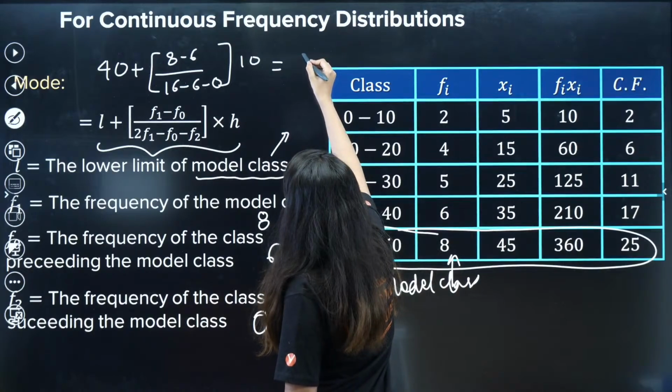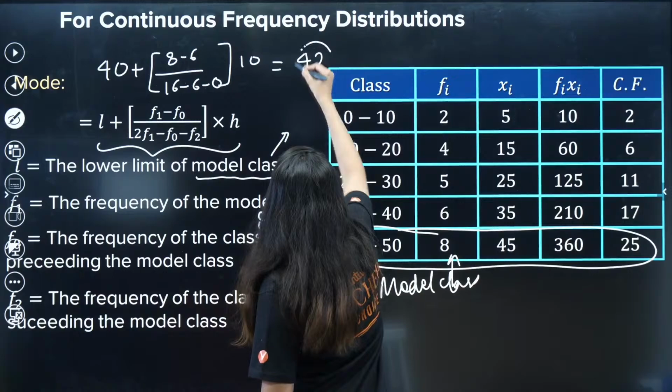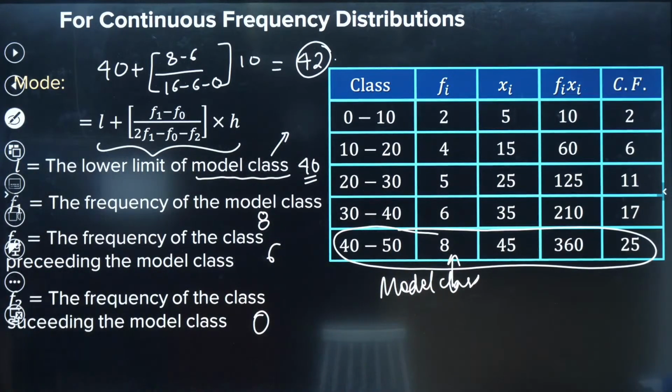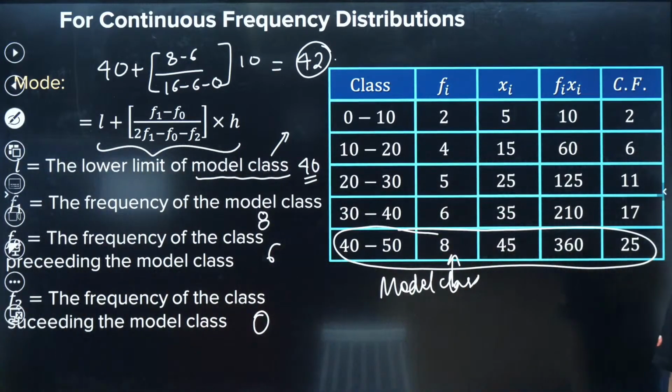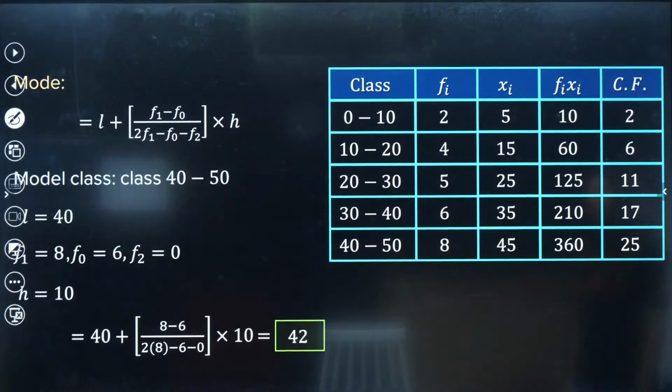So 42. 42 is the answer. Have a look at how to apply the formula and how to calculate each and everything.